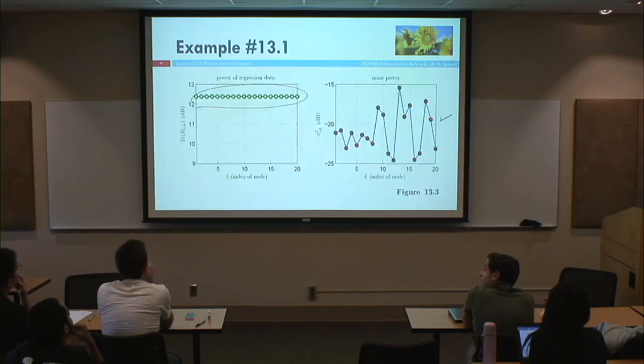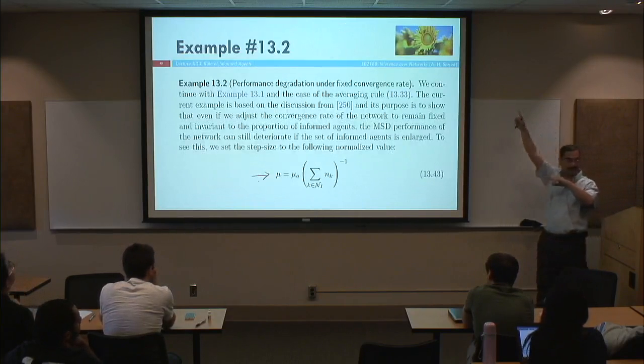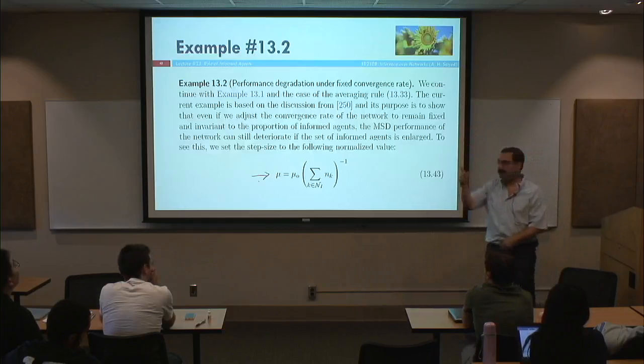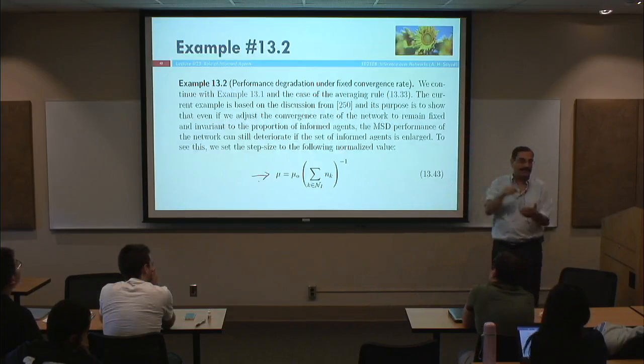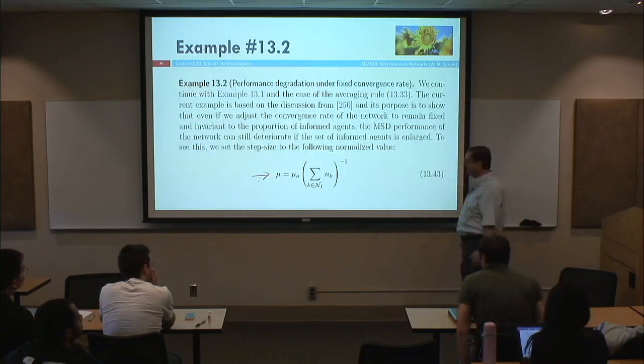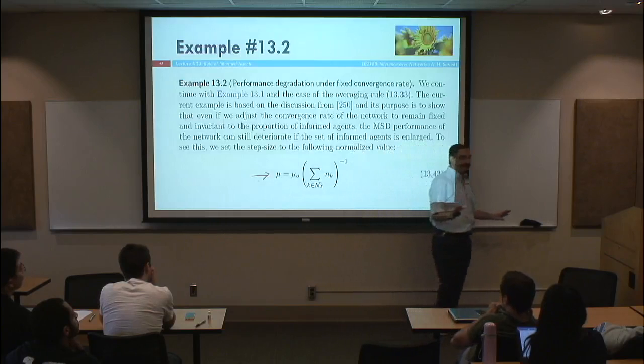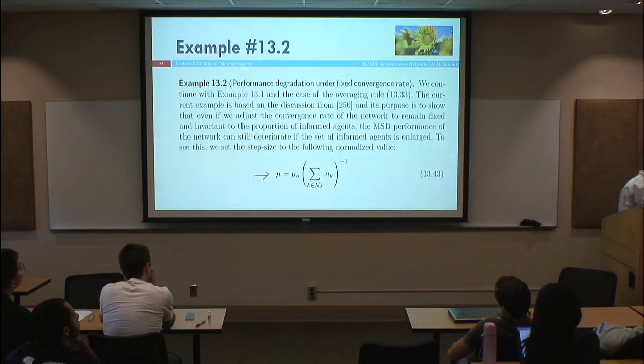So here it is. I'm going to pick the step size to be proportional to the inverse of that sum in the numerator. Still, mu 0 is very small, so I can control the smallness of mu through mu 0, but I scale it by this number. This way, the alpha now becomes independent of the number of informed agents.